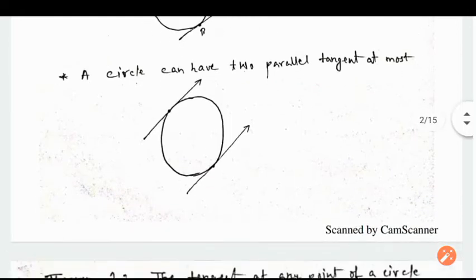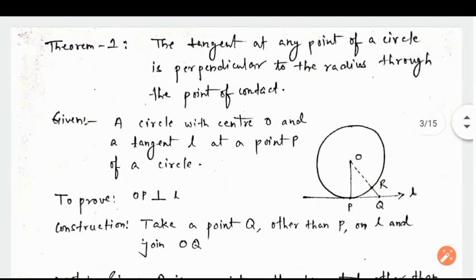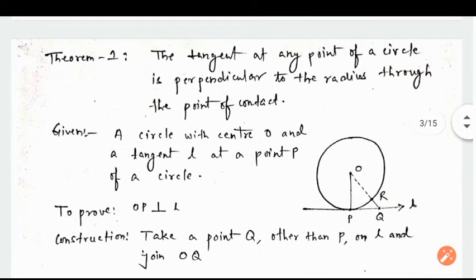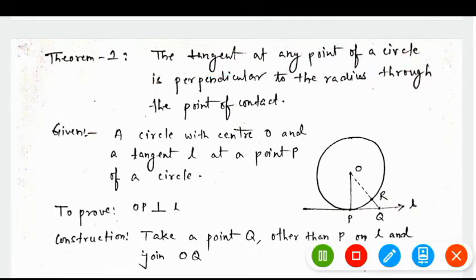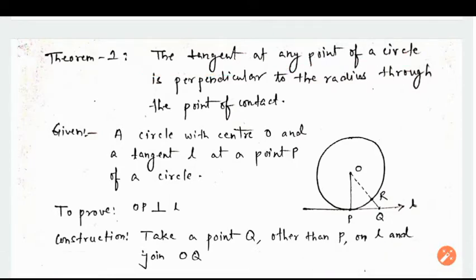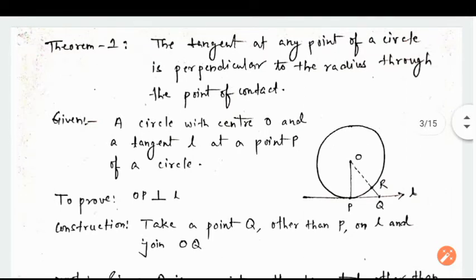Based on what I taught you, here we have theorem number 1. This theorem says: a tangent at any point of a circle is perpendicular to the radius through the point of contact.